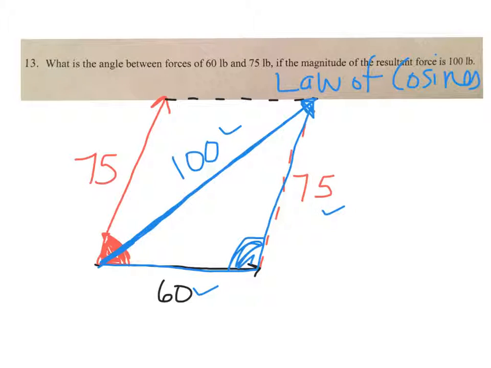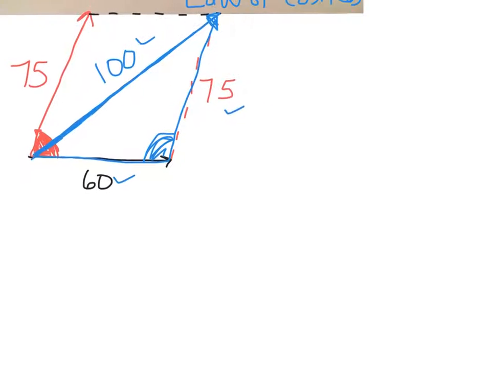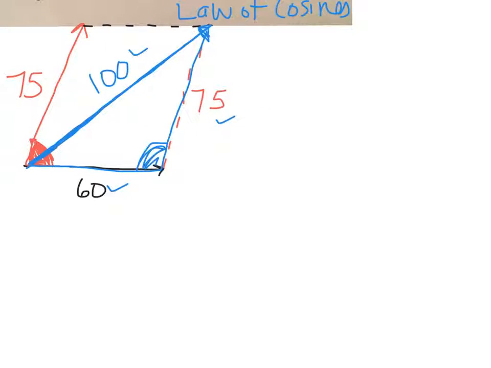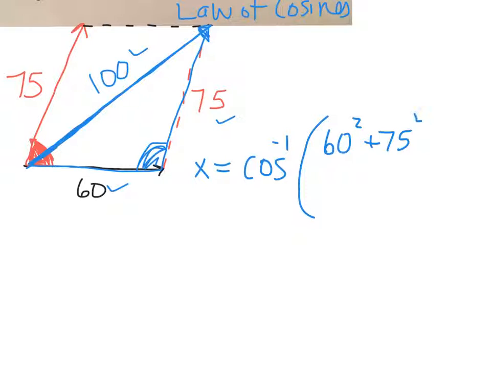So I'm going to use the law of cosines for solving an angle, and that looks like this. So the angle, I'm just going to call this angle x, is found by taking the inverse cosine of these numbers. 60 squared plus 75 squared minus 100 squared.